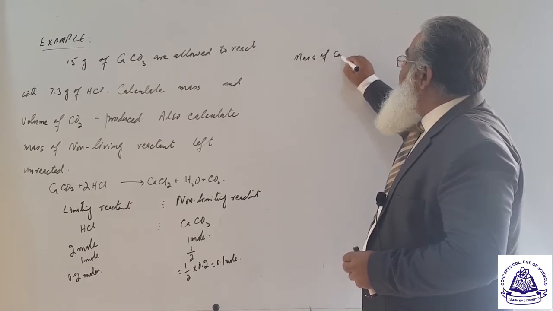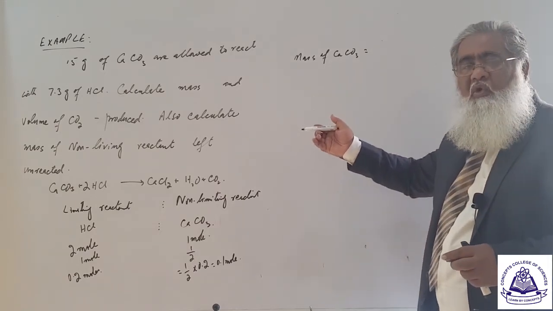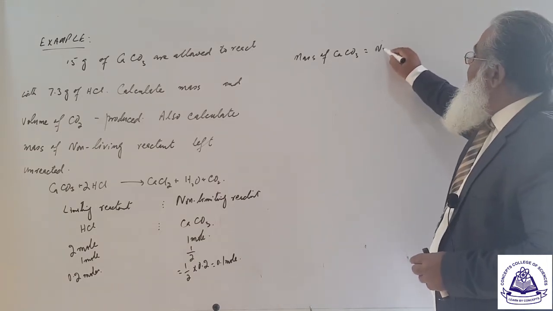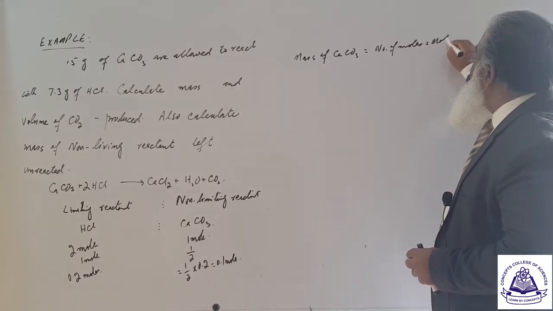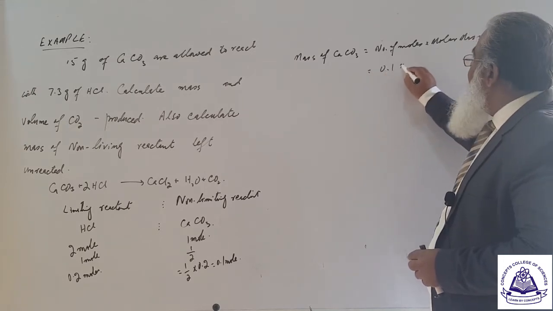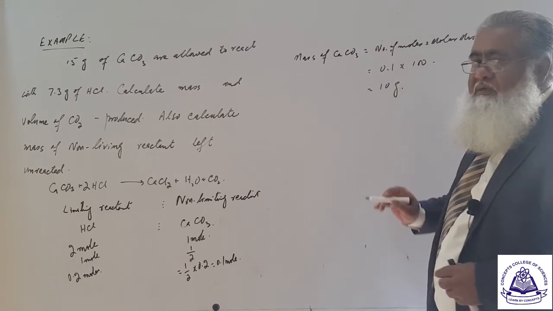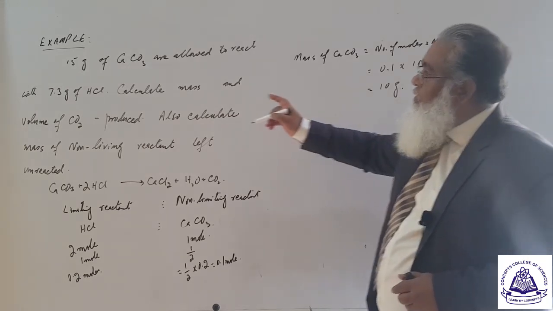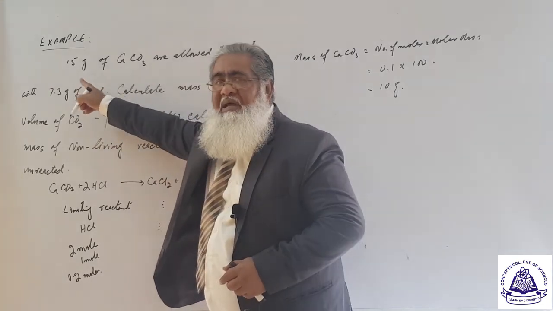We know the formula, mass is equal to moles into molar mass. Number of moles are 0.1, molar mass of calcium carbonate is 100. Answer comes 10 grams. Therefore, 7.3 grams of HCl will use calcium carbonate 10 gram.